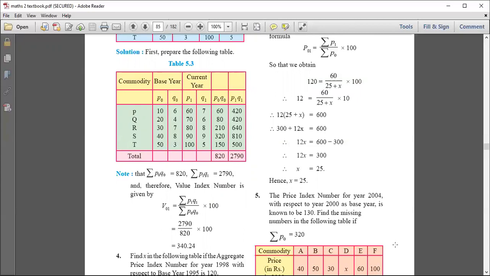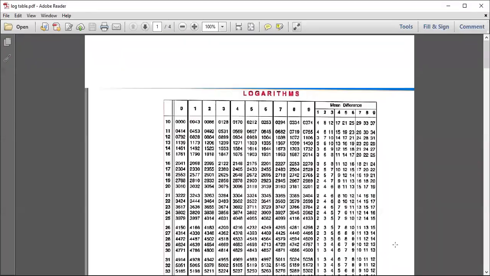So here's the log table. I'm writing it down this side so that you'll be able to understand. The number is 27,900 divided by 82. This is the figure which we are solving now.